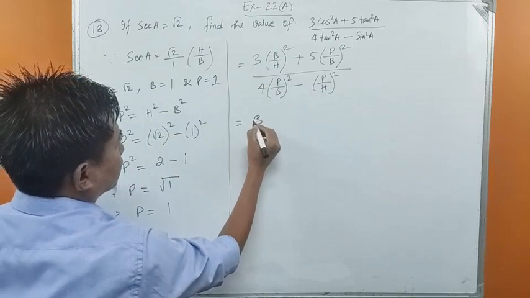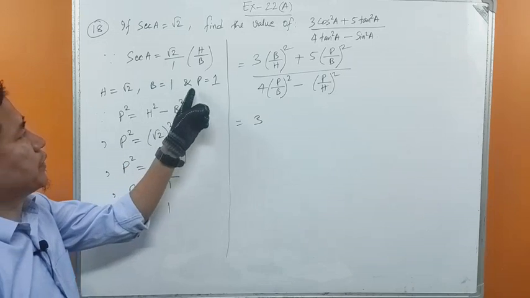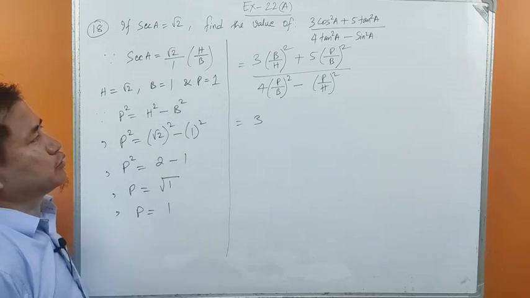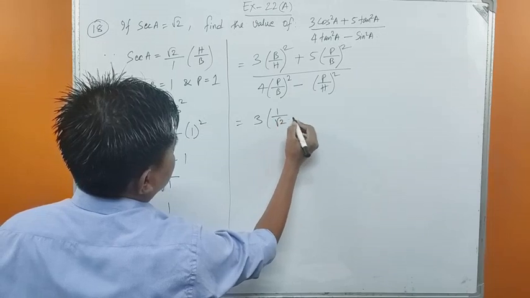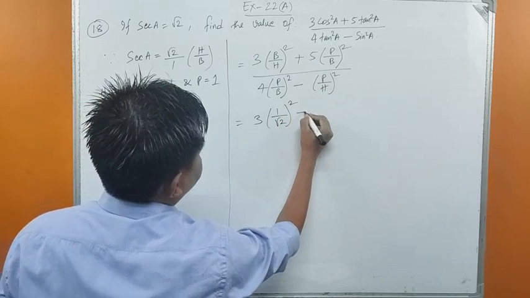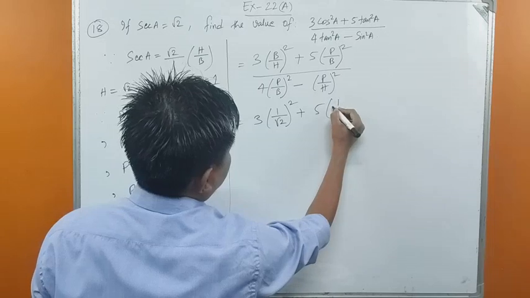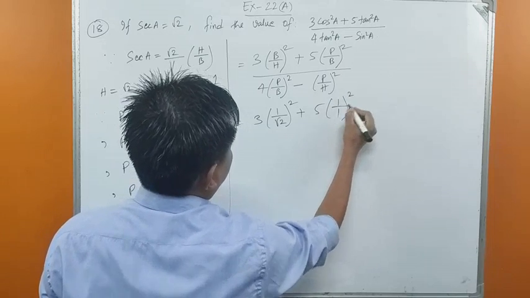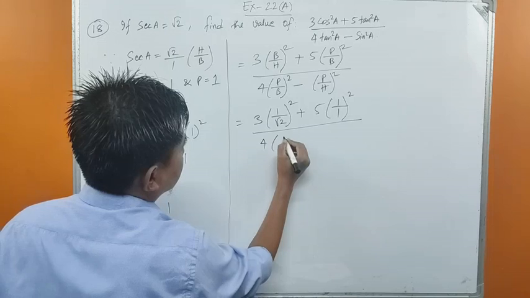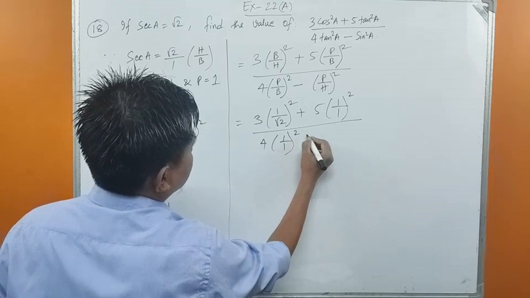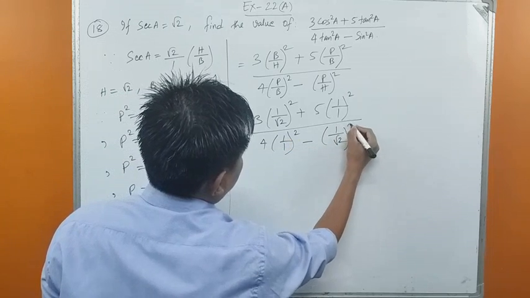Now 3 we write as it is. What is base? Base is 1, hypotenuse is root 2, so base 1, hypotenuse root 2, whole square, plus this 5 we write as it is, perpendicular is 1, base is 1, whole square, whole upon 4, perpendicular 1, base 1, whole square, minus perpendicular 1, hypotenuse root 2, whole square.